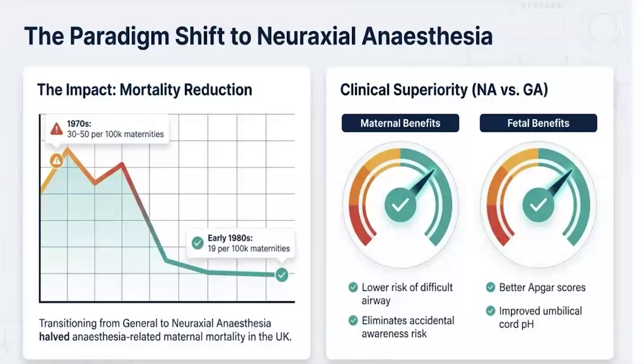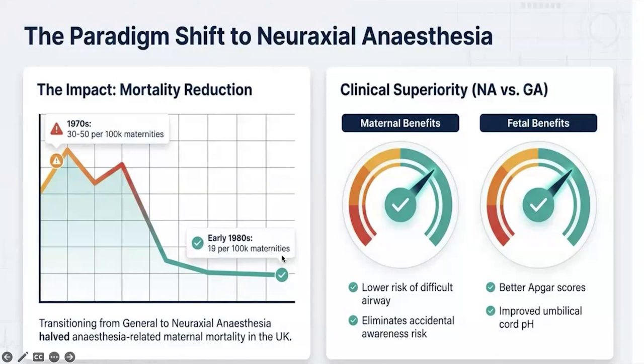Now, as you can see in this graph, in the 1970s general anesthesia was more popular, and the maternal mortality rate was 30 to 50 per 100,000 maternities. But after the introduction of spinal anesthesia and regional techniques in the early 1980s and 1990s, it became half, 19 per 100,000 maternities.